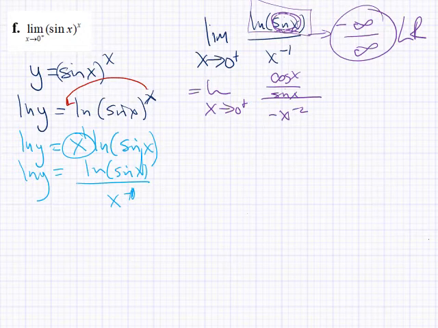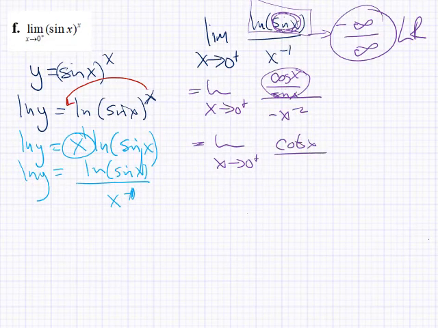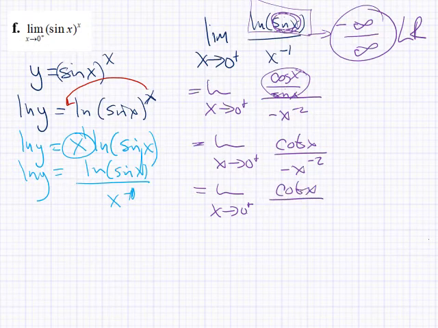This right here is the same thing as cotangent. So I could write this as the limit as x approaches 0 from the right of cotan x over negative x to negative 2. Which, if you think about this, is the limit as x approaches 0 from the right of cotan x over negative 1 over x squared.